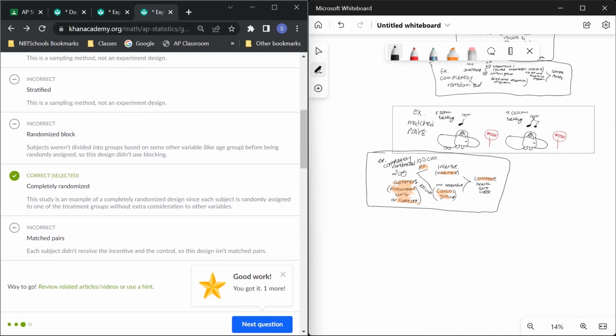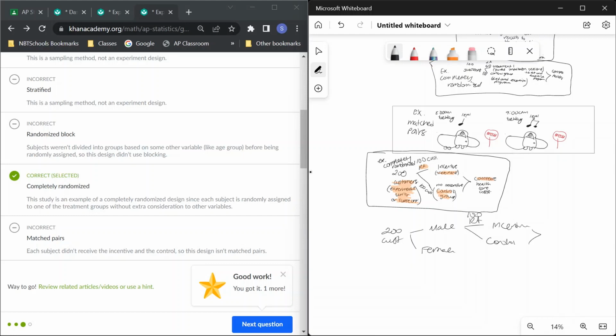And it's not block because we didn't separate the 200 customers by variable. So we could have separated the 200 customers by gender: take the male ones, take the female ones, and then from there we would randomly assign 100 of them to the incentive, and then the other would be the control group, so no incentive, and then compare results.